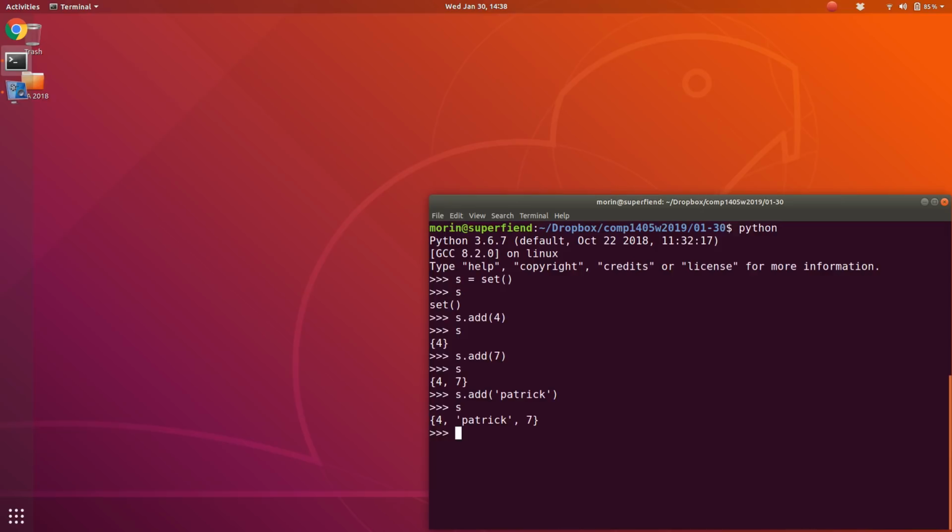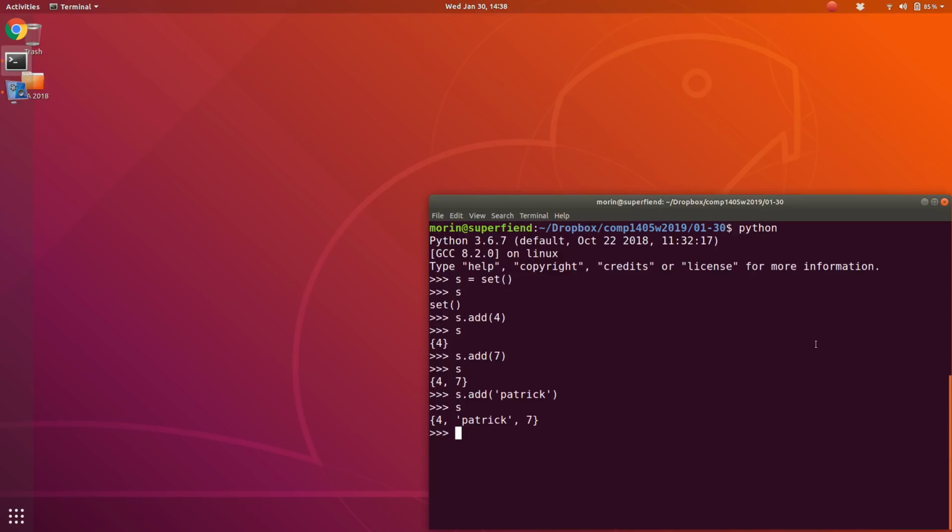And here you see one aspect, which is this unordered aspect. When I look in the set, if it's going to show me the things that are in there, it has to show them to me in some order. There's no way around that.